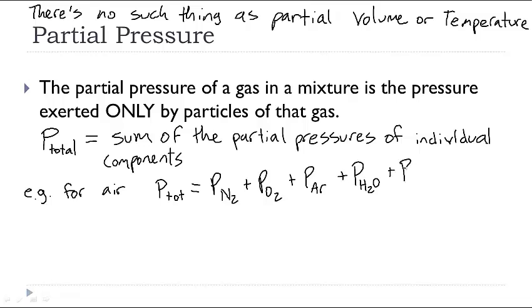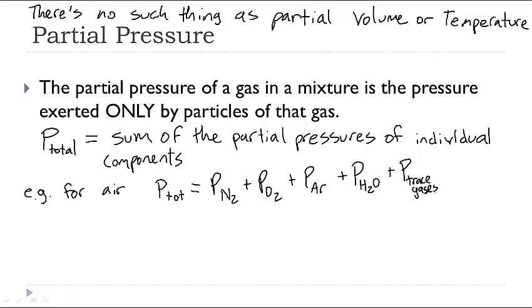I'm just going to say pressure of other trace gases. So there's too many to list, but these are the main components. So we can have partial pressure. We use this concept a lot. It's a way to mentally separate the components of a gas.